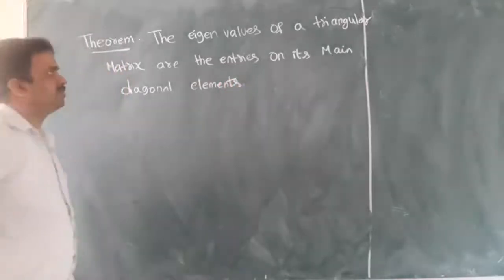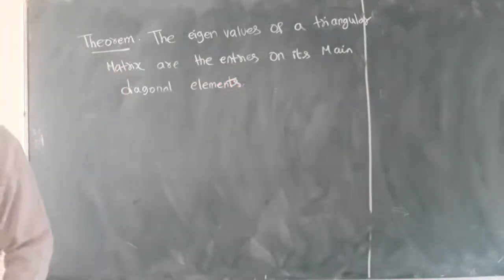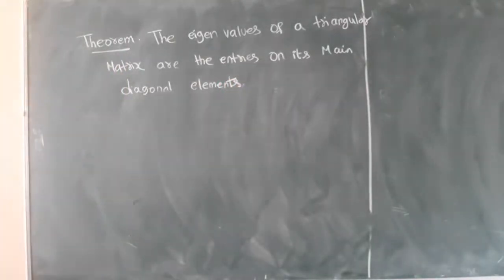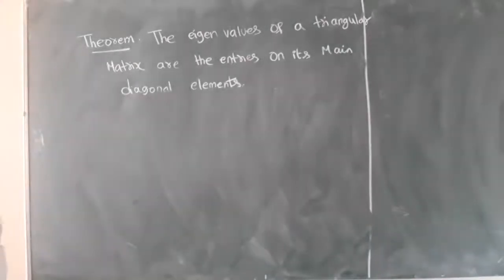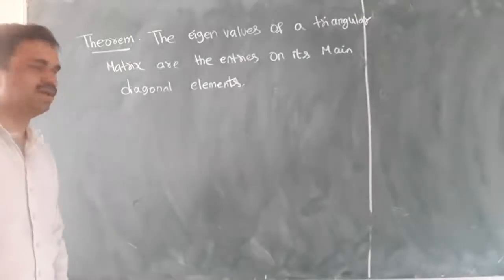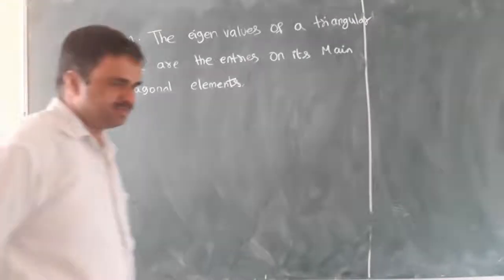So what is the statement? The eigenvalues of a triangular matrix are the entries on its main diagonal elements.